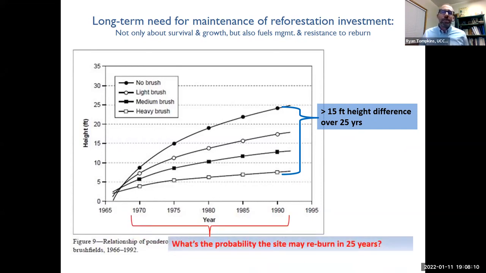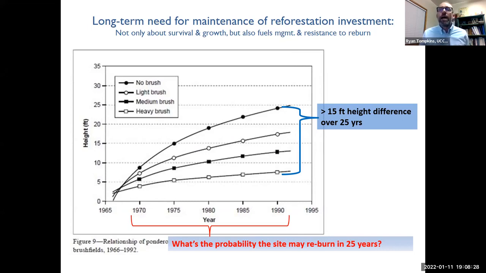Because we now need to think about what is the probability that site may reburn in the next 25 years. And when I showed you the example of the Story Fire, the 2000 Story Fire reburned with high severity 12 years later in the Chips Fire.